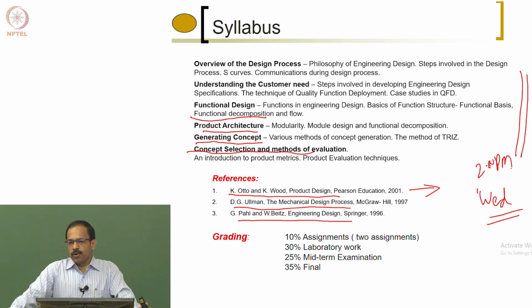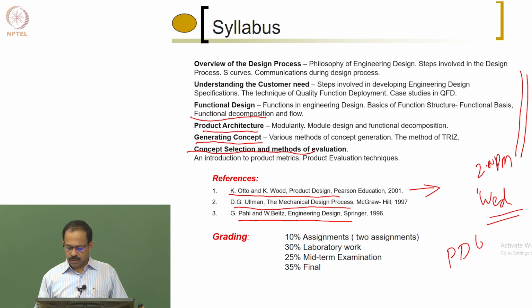So this is more of practicing what you learn in the class. We'll be learning some theory in the class, and we'll try to practice this in the laboratory. So this will be done in the PD lab. PD lab is ED 304, right? I think 304.